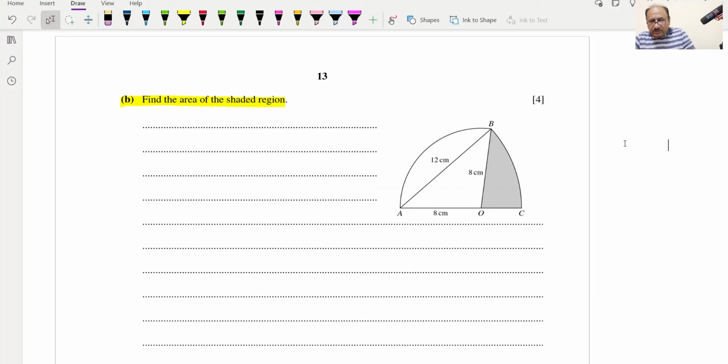This side is OA, and this side is OC, and this arc is BC, which is this one. So O, B and C. This is the shaded area which is required.